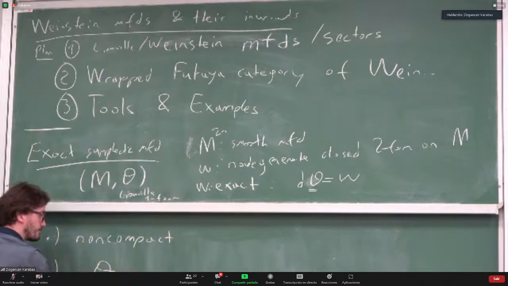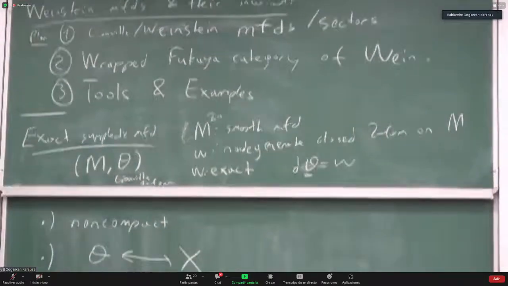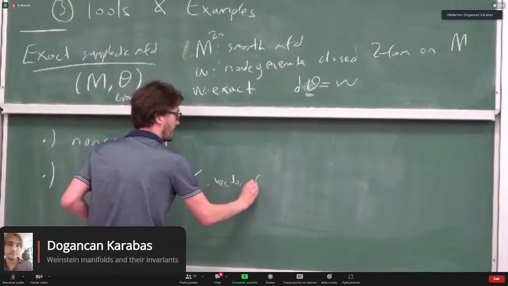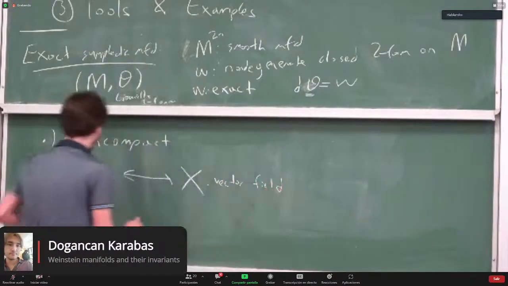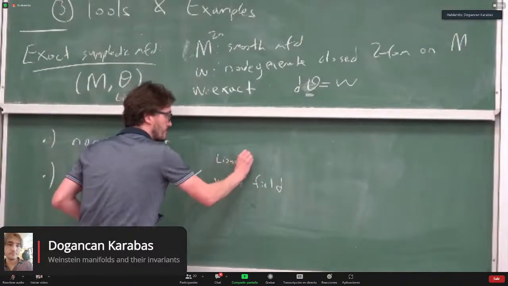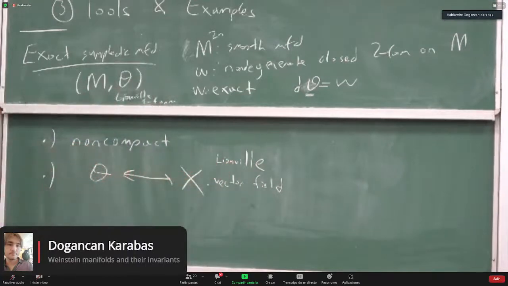And there is this vector field X, which we call the Liouville vector field. And this is the Liouville one-form.